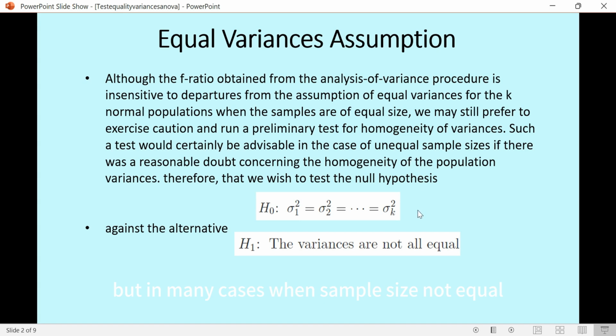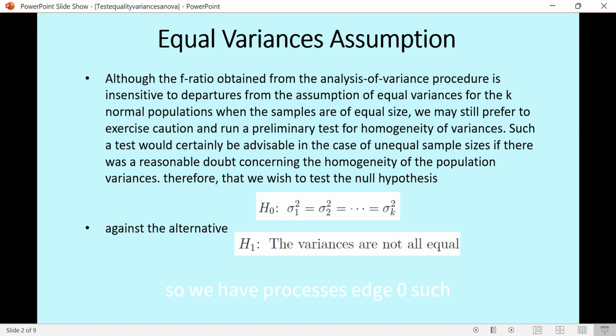But in many cases, when the sample sizes are not equal and the treatment groups are not exactly normal, it is very important to test that the variances are equal before we can do the ANOVA test.